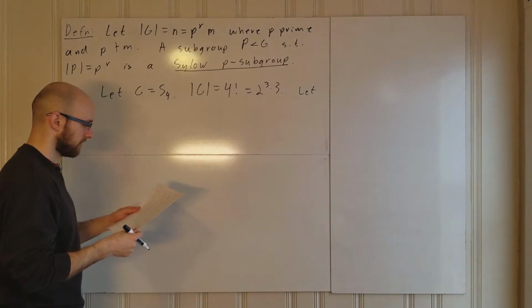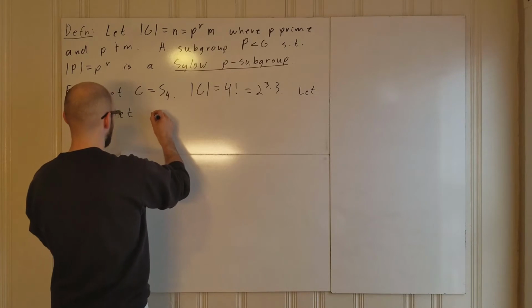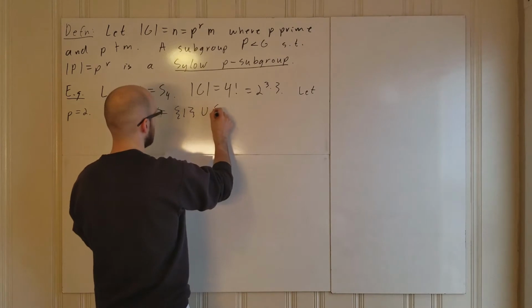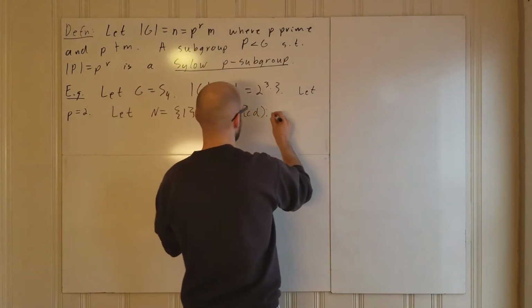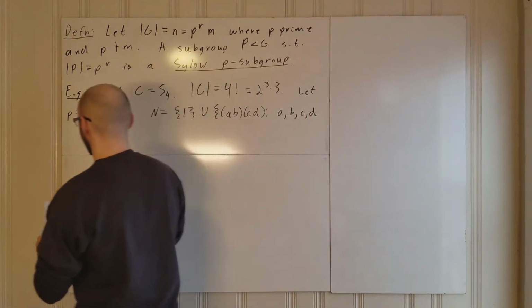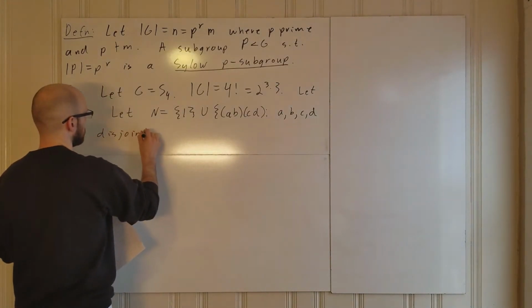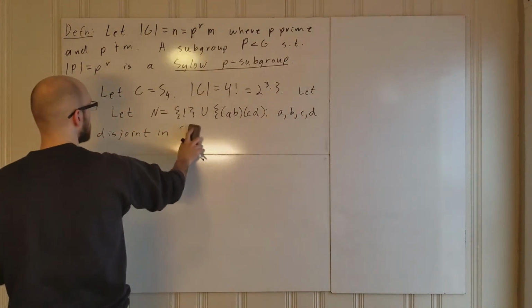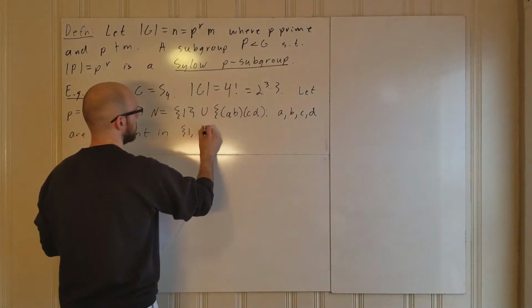Okay, so let N be the identity and also everything of the form (a b)(c d), where a, b, c, d are disjoint indices from 1 to 4 in S4.